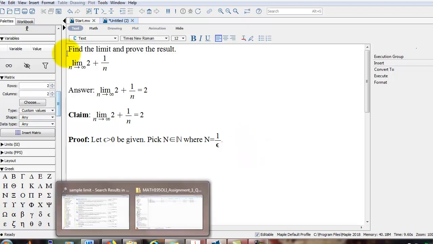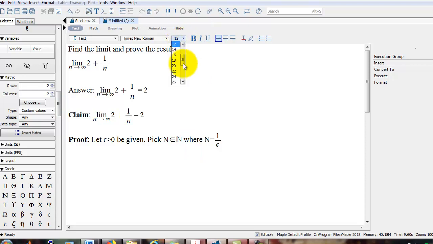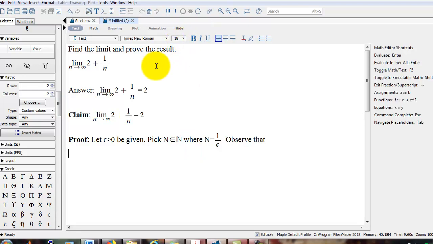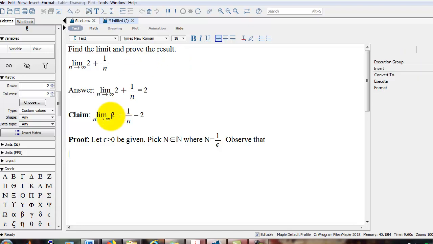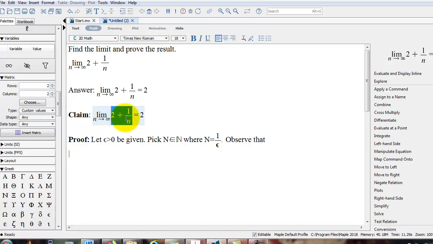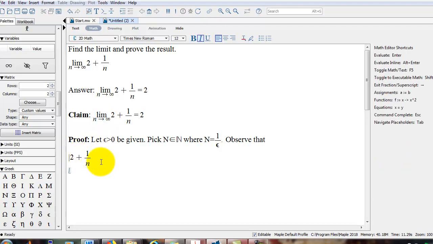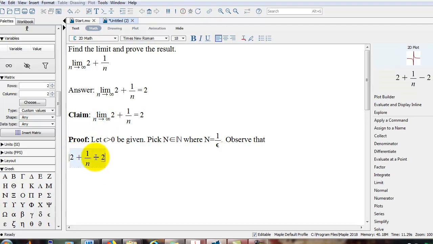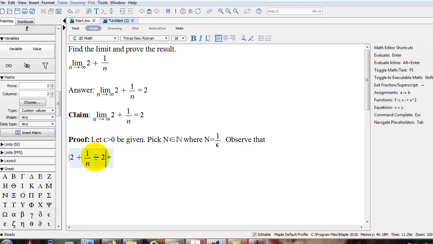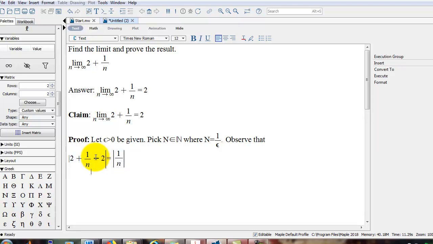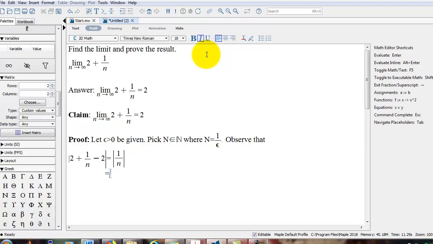All right, so now let's tell the reader that they should observe that the absolute value of 2 plus 1 over n minus 2 simplifies to simply 1 over n.